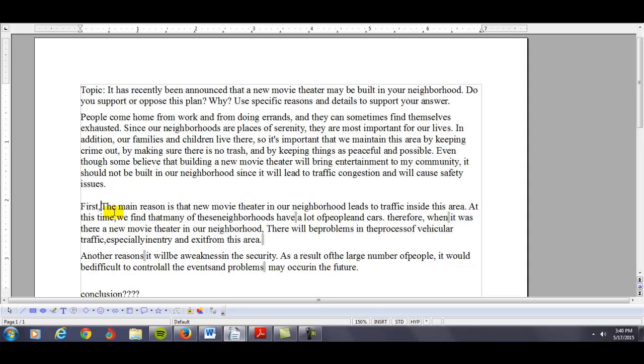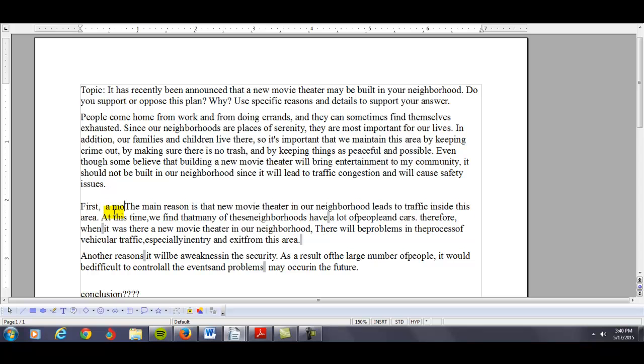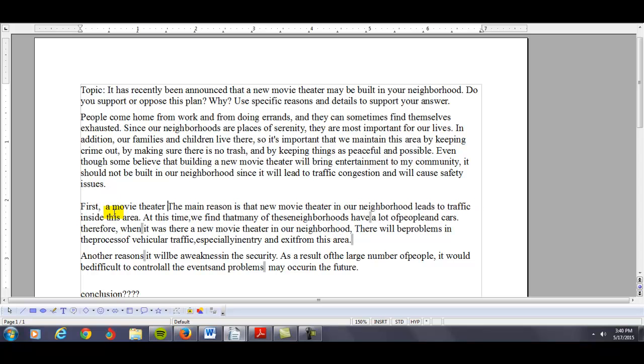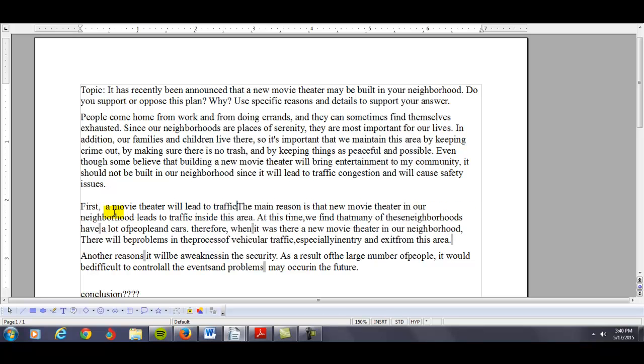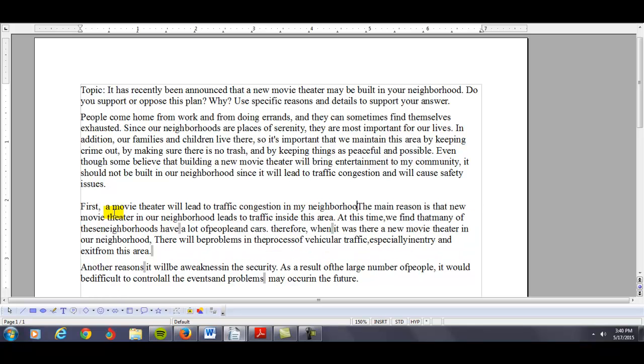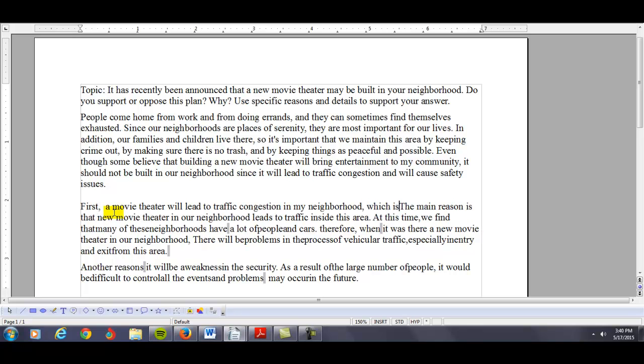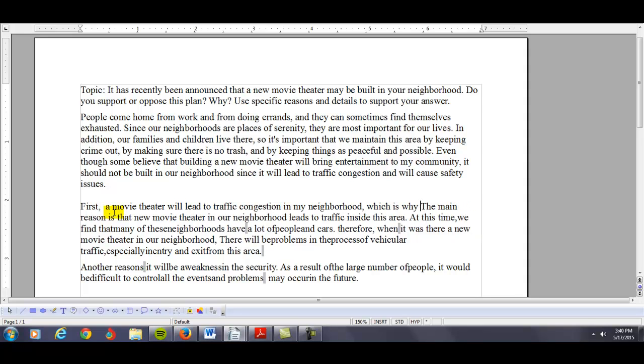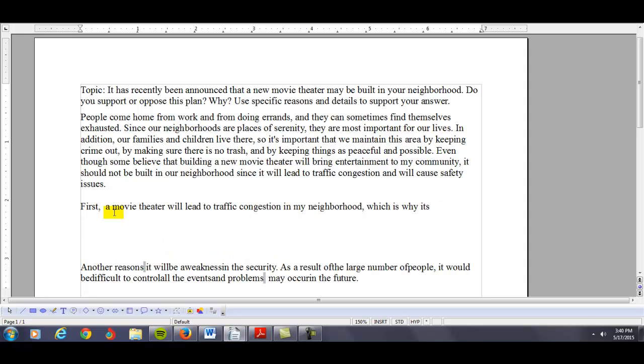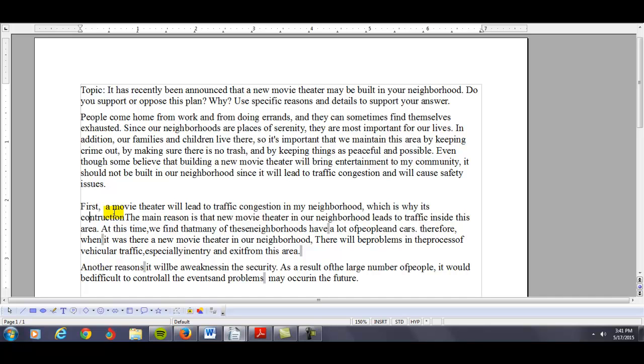You might say first, a movie theater will lead to traffic congestion in my neighborhood, which is why I oppose its construction. That's what I would say there.